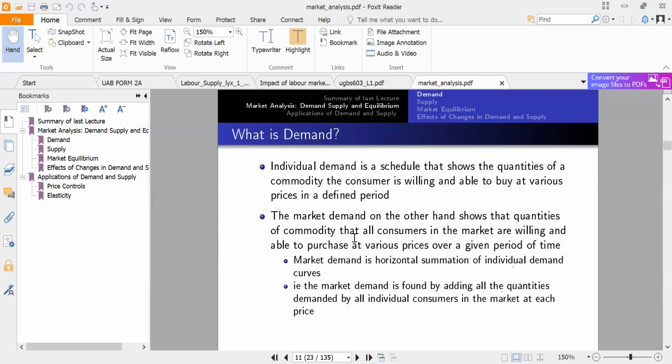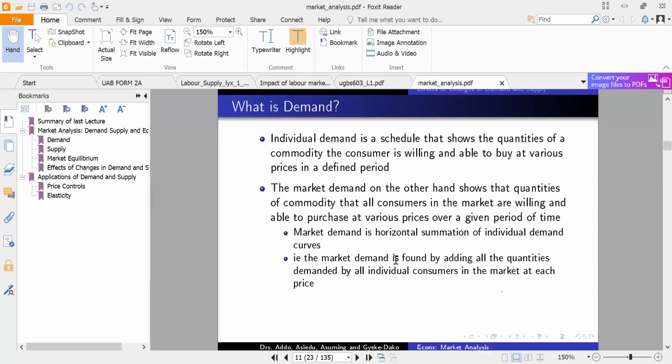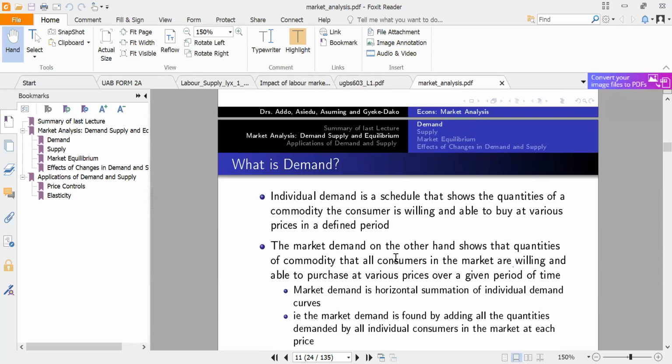So you can already say that the market demand is a horizontal summation of individual demand curves, i.e., the market demand is found by adding up all the quantities demanded by all individual consumers in the market. So your demand plus my demand, individual demands, will give the market demand.